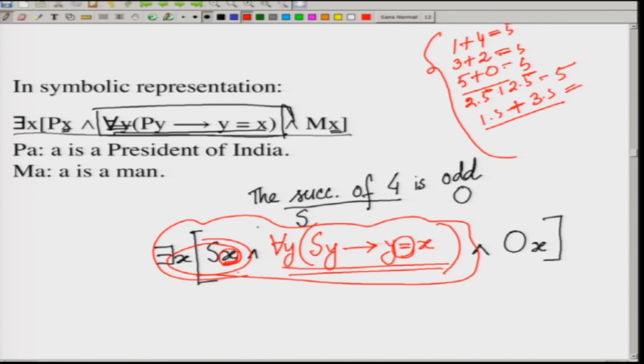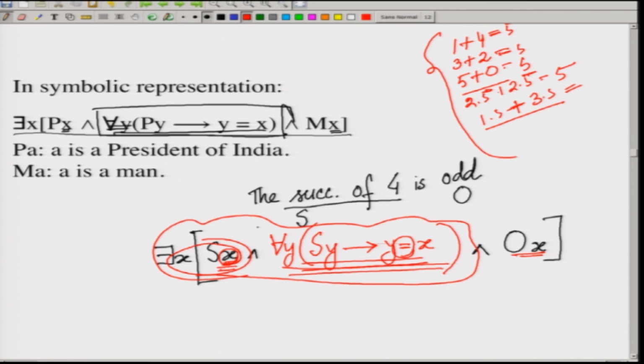there is one, and so this is the one part. There is one successor of 4, yes, but that is only one successor. There is no other number. So, it is at least and at most one successor of 4, and that successor x is odd.